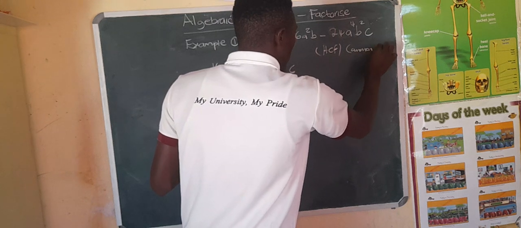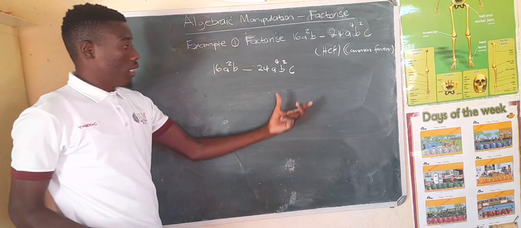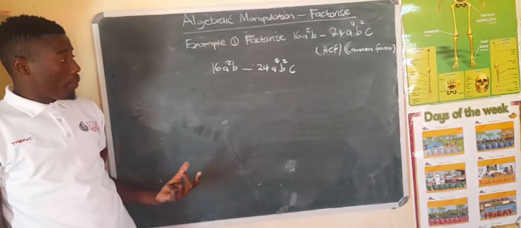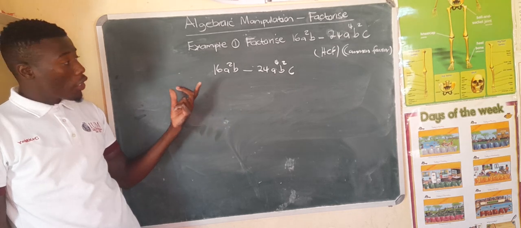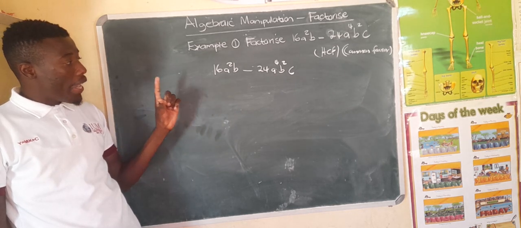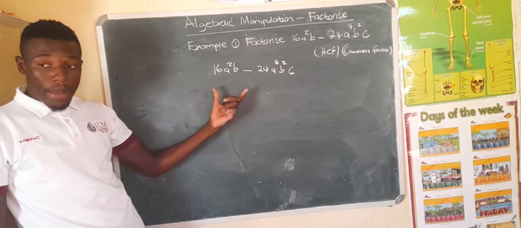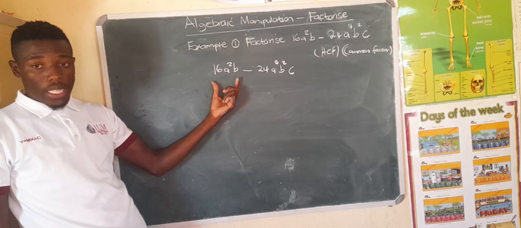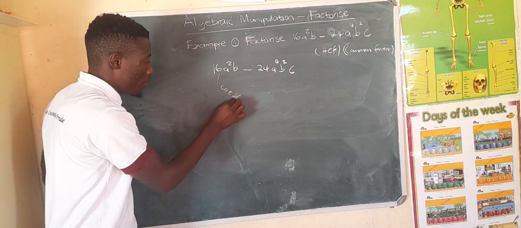Do you know what a common factor is? Factorizing by highest common factor. Are you okay? We are going to factorize by finding the highest common factor. Remember, I have told you that the numbers that have variables, we call them what? Coefficient, right?